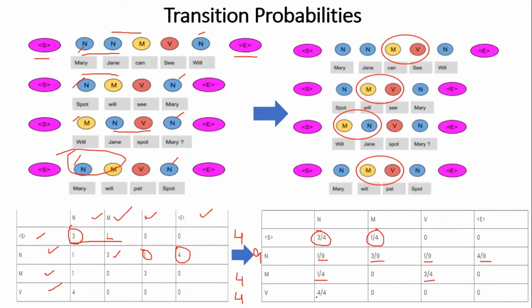And the fourth row also gives you a total of 4, so divide every value in the fourth row by 4. So from this, you will get this table. In this way, we can calculate transition probability and emission probability.